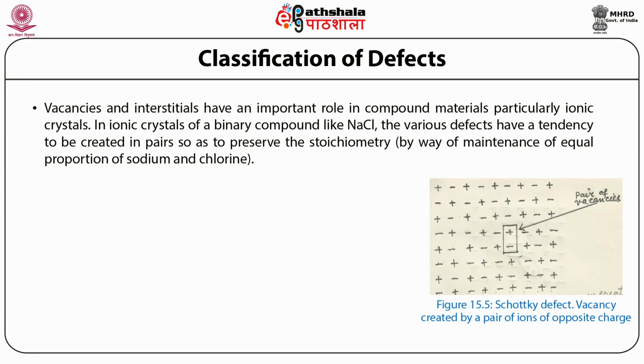Vacancies and interstitials have an important role in compound materials, particularly ionic crystals. In ionic crystals of a binary compound like NaCl, the various defects have a tendency to be created in pairs so as to preserve the stoichiometry by way of maintenance of equal proportion of sodium and chlorine.